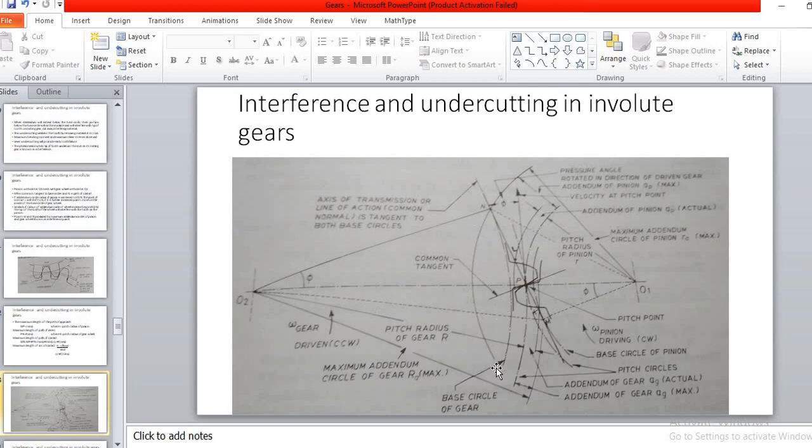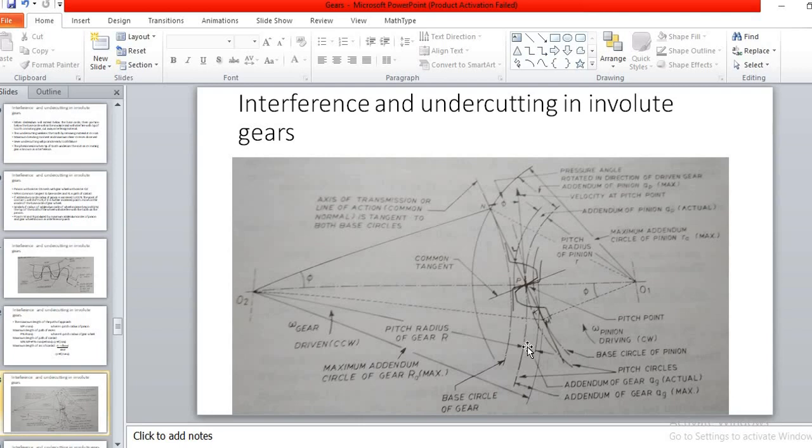Base circles are represented. Addendum circles and extended addendum circles are also represented. For this pinion also the base circle, original addendum circle and extended addendum circle are represented. For such cases, the path of contact is represented here.